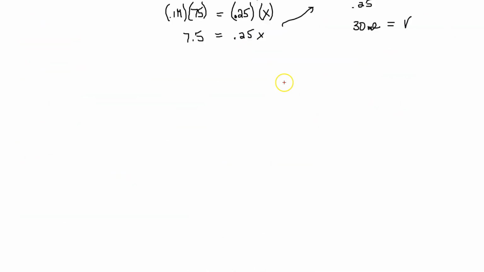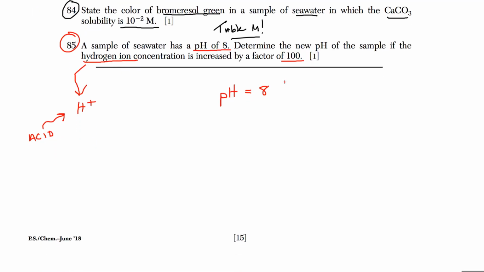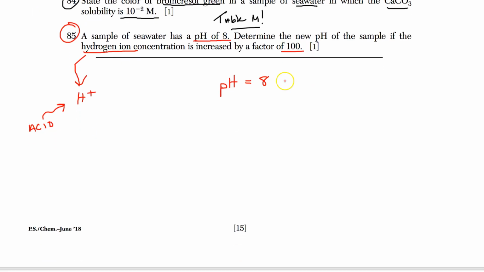So going back to reality, up there goes gravity, and here we go. So we have a pH of 8. What does that mean? This little p, guys, means the negative log of the H plus ion concentration, base 10. So this means that the H plus ion concentration, the molarity, is equal to 1 times 10 to the negative 8 molar.